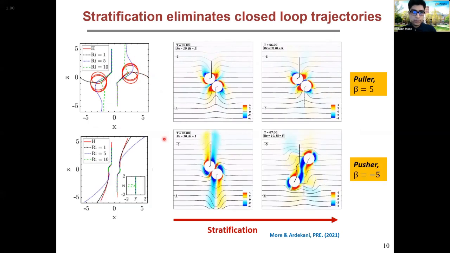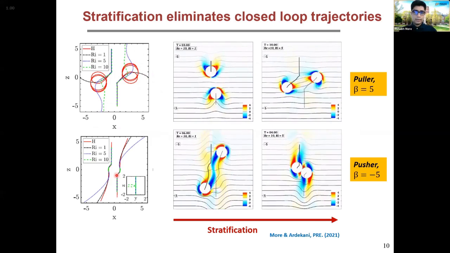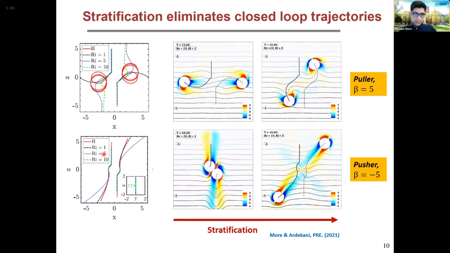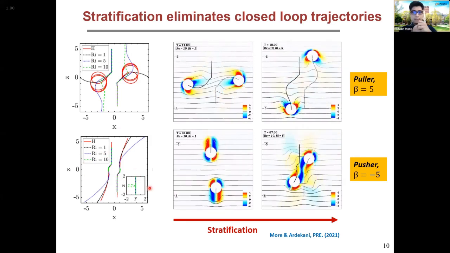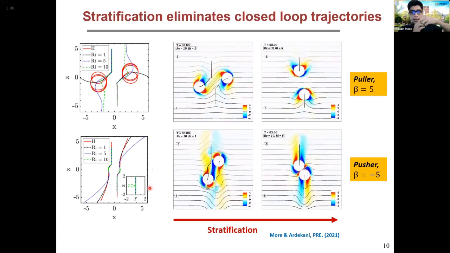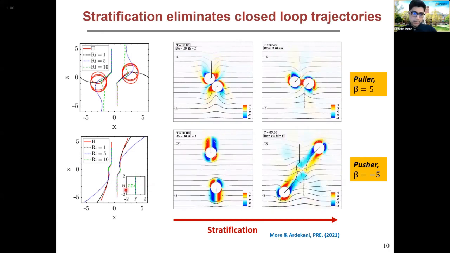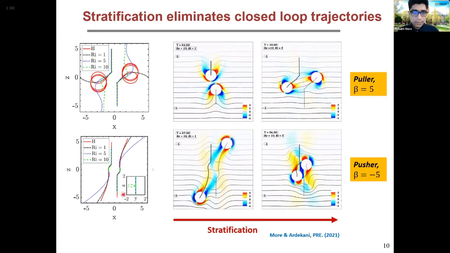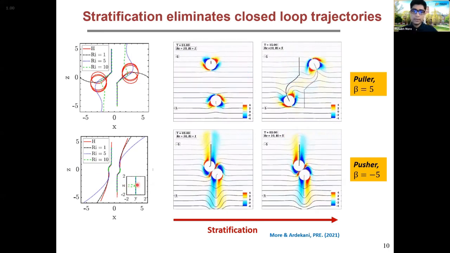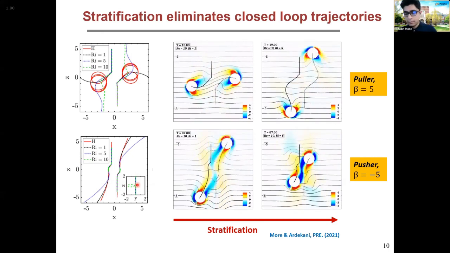But for a pusher, it gets separated in a homogeneous fluid, but after a strong enough stratification, they collide and kind of stick together and get deflected in this horizontal plane, and that's basically related to the instability of each individual pusher at high stratification.